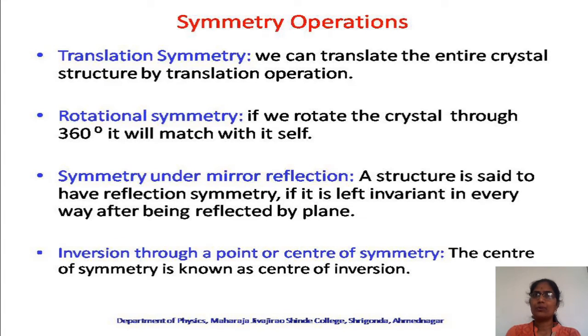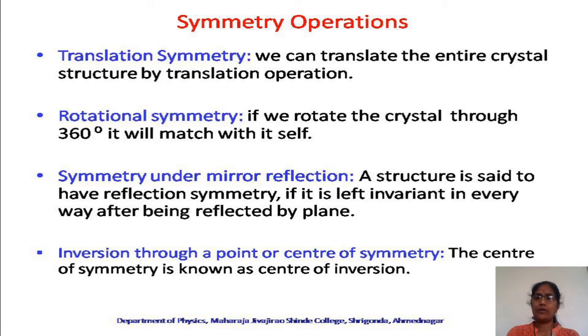Suppose I consider a two-dimensional crystal lattice, then its length along the x-axis is represented by A, and along the y-axis it is represented by B. If I want to extend this crystal or lattice, then I have to translate A along the x-axis infinite times and B along the y-axis infinite times, and such type of symmetry is called translational symmetry. We can translate the entire crystal structure by translational operation.